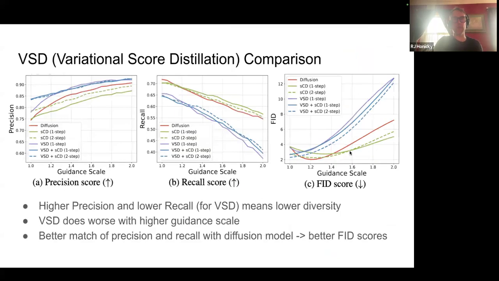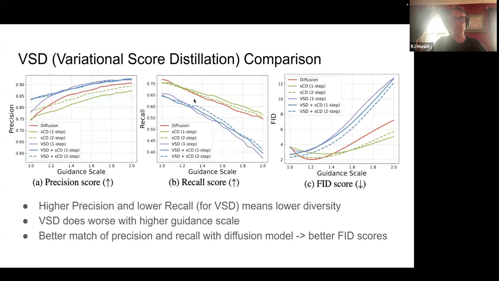Okay, so they also compared this variational score distillation, which is kind of in the same ballpark in terms of effectiveness, and they found that VSD has higher precision and lower recall, meaning lower diversity. And as the guidance scale gets higher, it does worse.